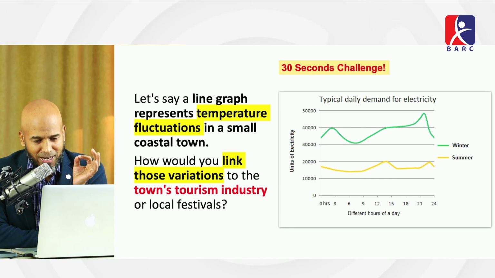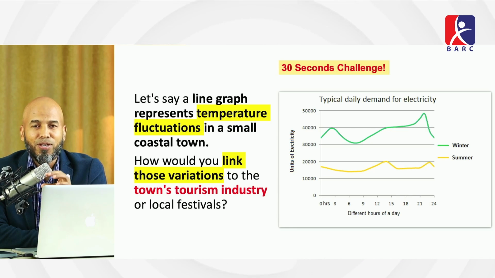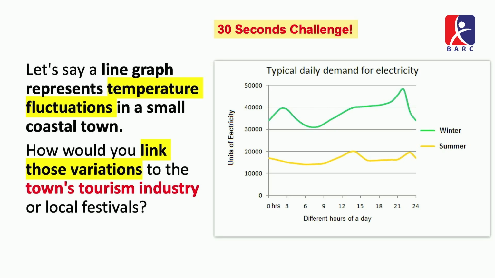Now spend 10 seconds on the task and write just one sentence in 20 seconds on the line graph. Whatever you understand by observing this line graph, don't worry. The question is, how would you link those variations to the town's tourism industry or local festivals?